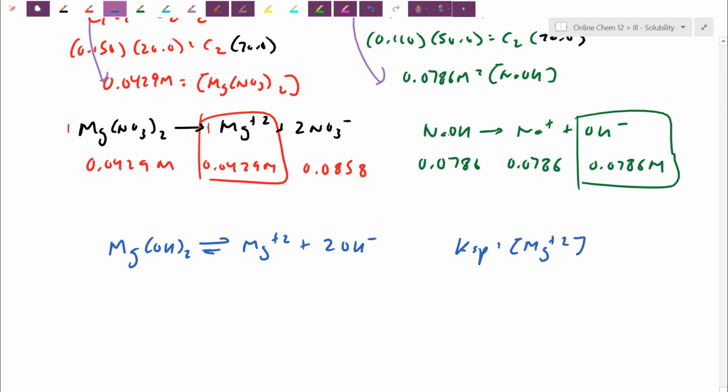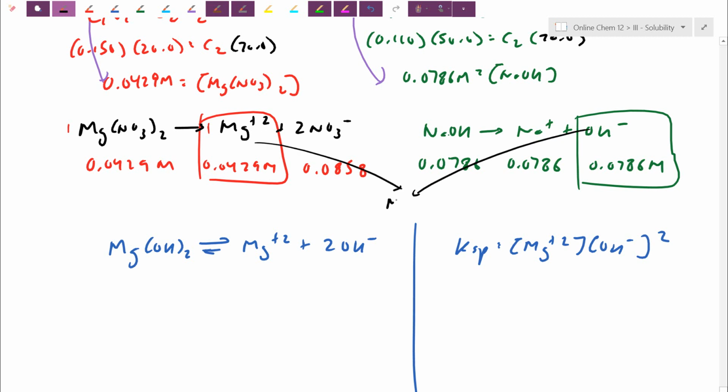Basically, the 2 ions concentrations multiplied, the coefficient goes up into the power. These are 2 totally separate equations, even though what's going to actually happen is magnesium as a reactant, hydroxide as a reactant, it's these 2 that actually combine together to form the MgOH2. At first, you may be like, oh, MgOH2 is actually a product. I'm still going to put the solid on the left side so that my KSP works out nicer.